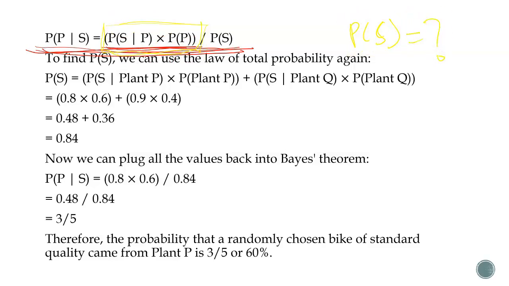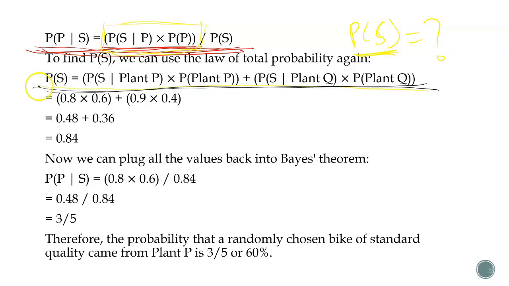So we have to find this using the law of total probability. We are saying that the probability of a standard quality bike coming from plant P is not in any way related to the probability of a bike being of standard quality and coming from plant Q. That's how we arrived at this one based on the solution for the previous quiz.